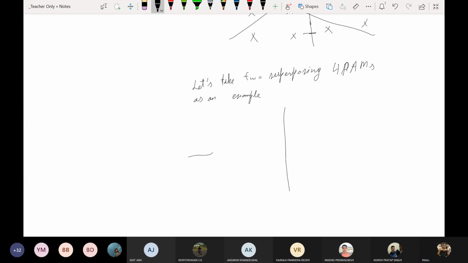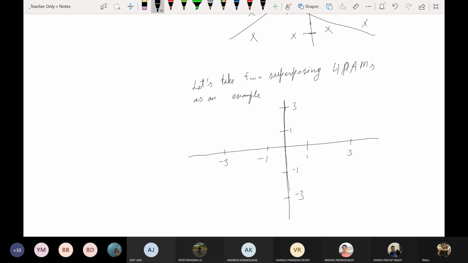So on the real axis, it can take 4 values, and on the imaginary axis, it can take 4 values.